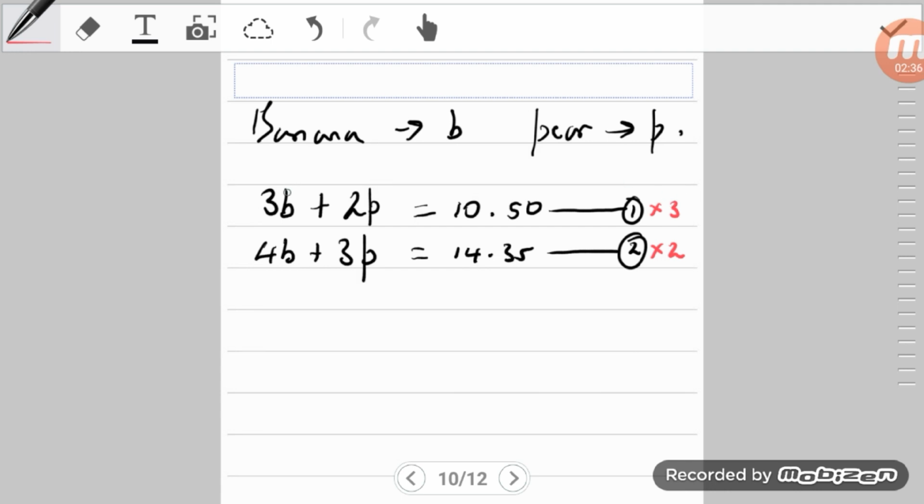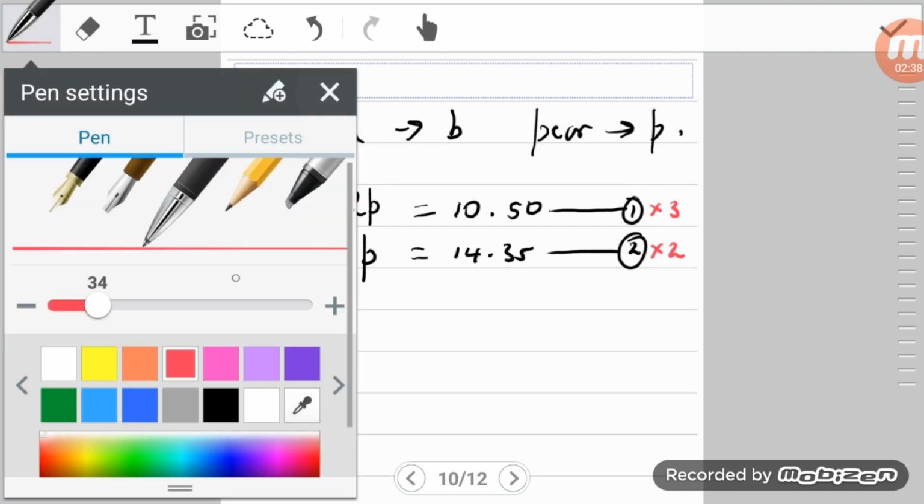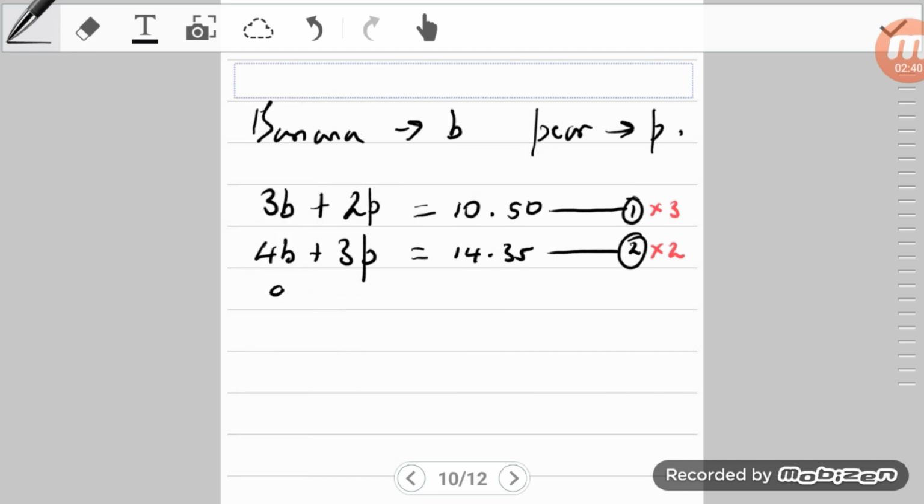So 3 multiplied by 3b, that's going to give us 9b. And 3 multiplied by 2p, that's going to give us 6p. And 3 multiplied by 1050, that's going to give us 3150. And that forms equation 3.